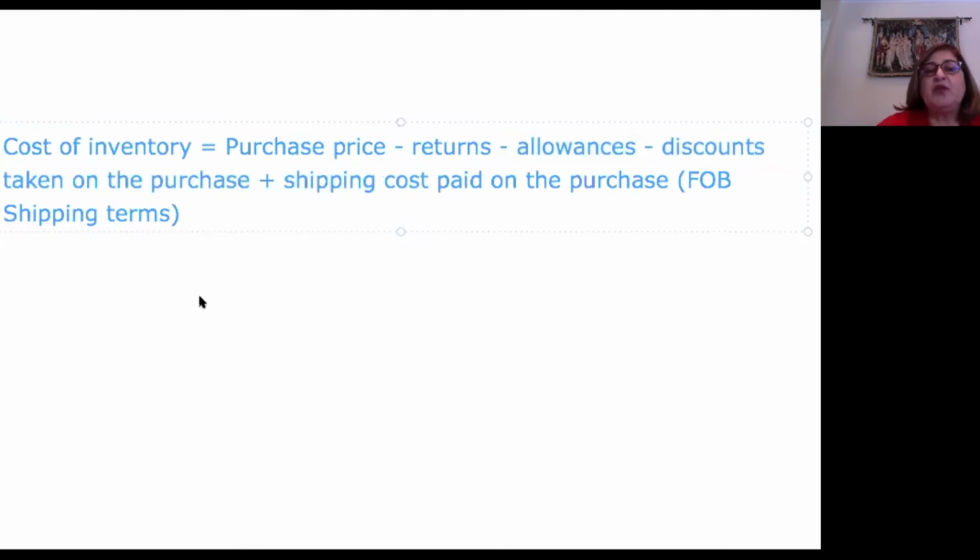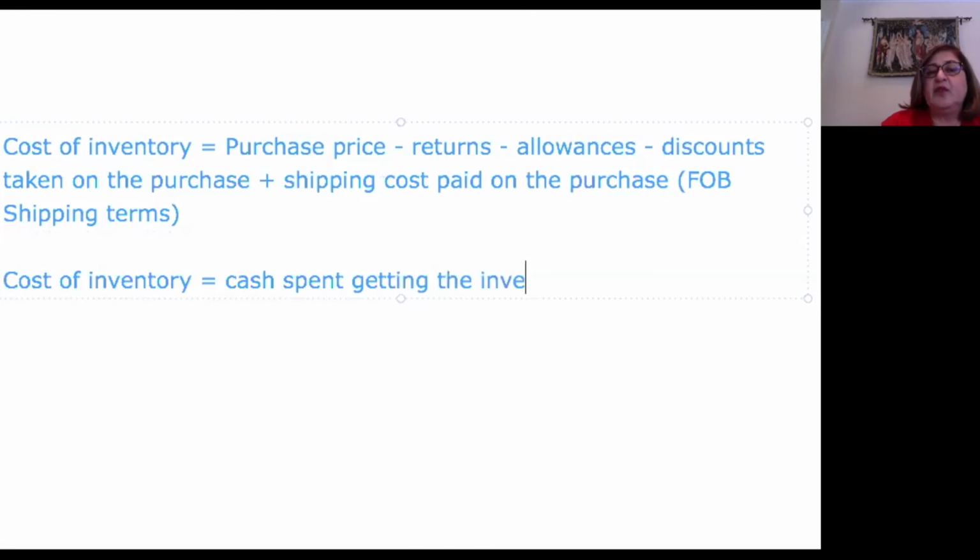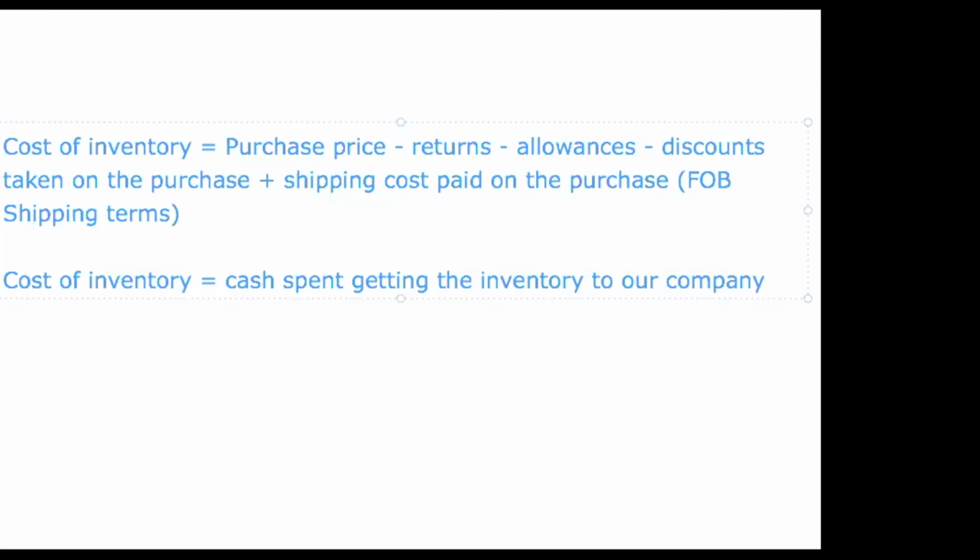We want to know truly how much cash we have to spend, cash spent, getting the inventory to our company. How are you guys doing so far? All good. Yeah, good. Excellent, thank you.